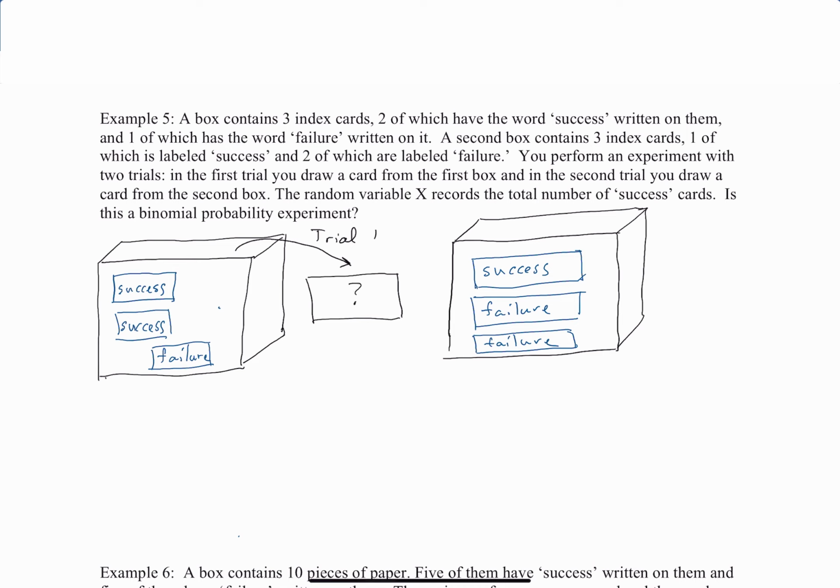And then in trial 2, we take a card out of the second box and notice whether it says success or failure. And our random variable x records the total number of success cards, so 0, 1, or 2. Is this a binomial probability experiment?